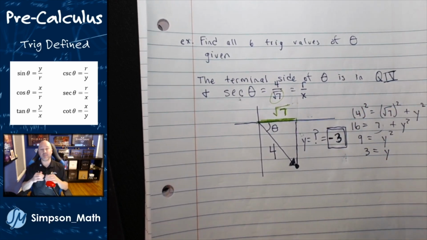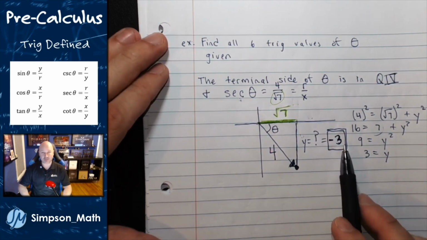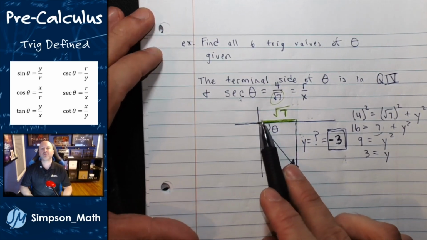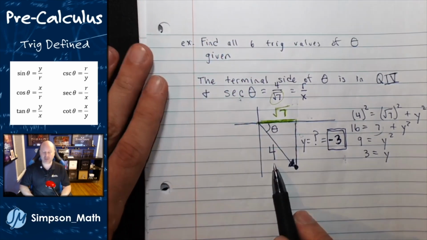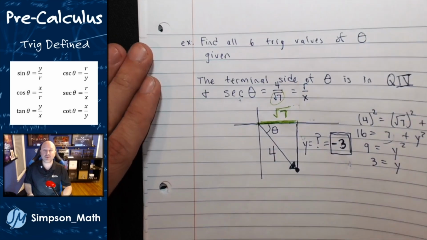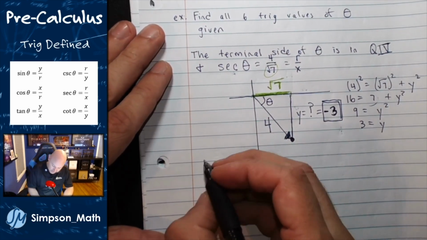Just like the previous example, that y value is below the x-axis, so therefore the y value has to be negative. The x value is positive because I am to the right of the y-axis. The radius is always positive. I have the information now, those 3 side lengths, so I'm able to tell you all 6 values of the trig functions.